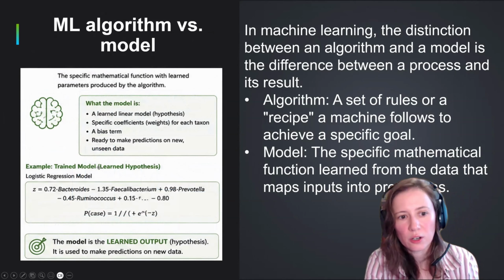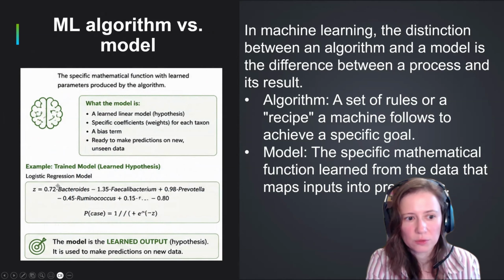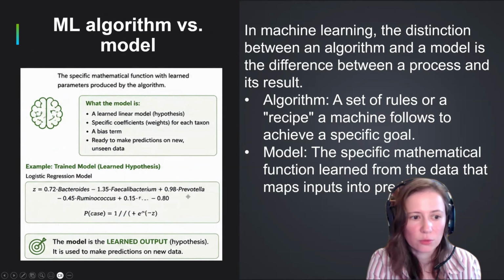So once your algorithm trains the model, derives this model, then you end up with a mathematical formula like that, which is basically your model.